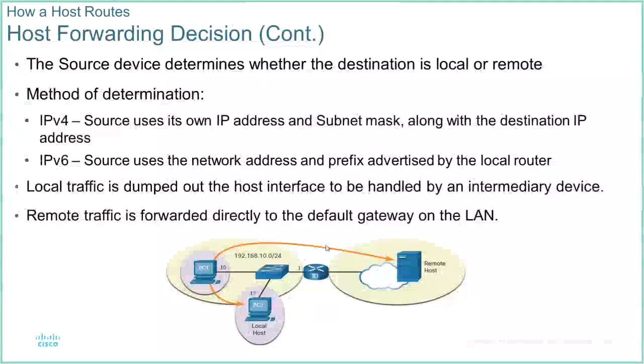Now, if you remember in the framing, the MAC addresses are only used per hop to get it from one device to the next, and we need to have a pair that matches the layer 3 address to a layer 2 address to move it forward.